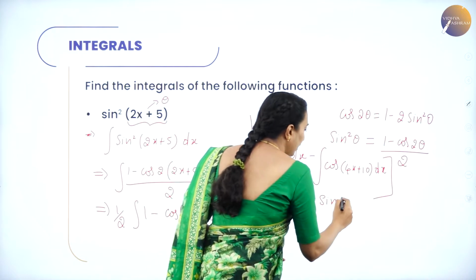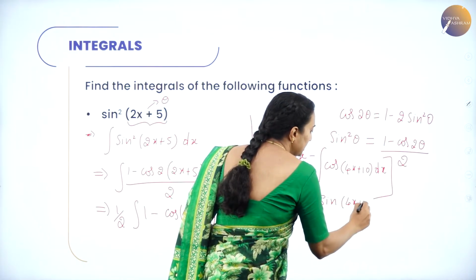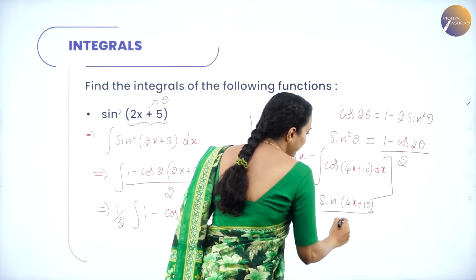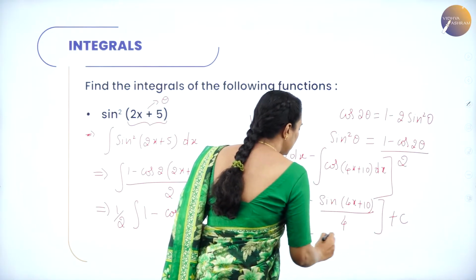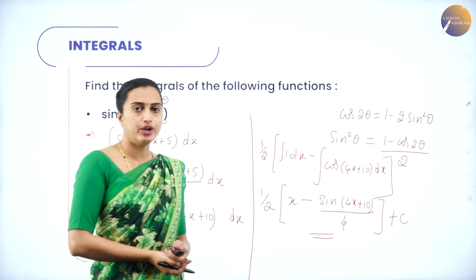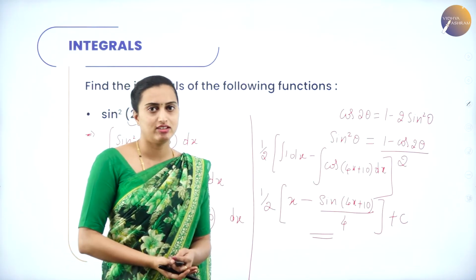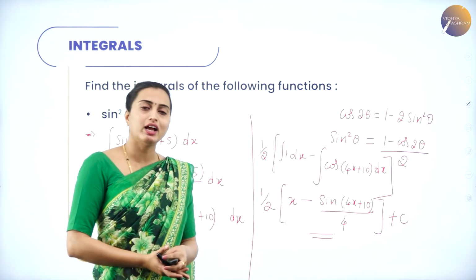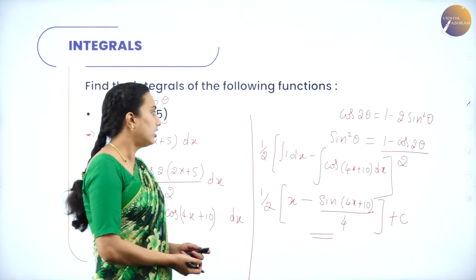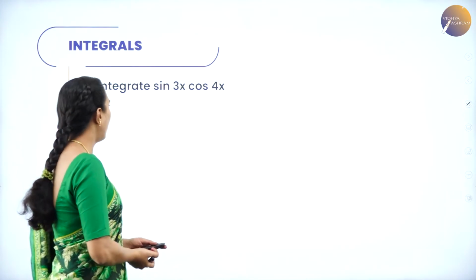So therefore sine of ax plus b divided by a, which is sine of 4x plus 10 divided by 4, plus c. That is your final answer for this question. I hope you understood how to use the trigonometric identity. Understood? Now, we'll be moving on to the next problem, dear students.